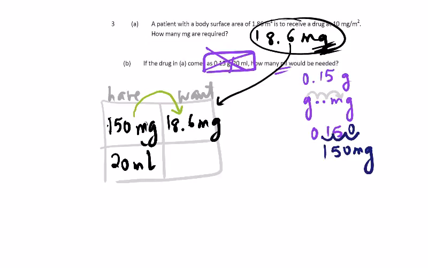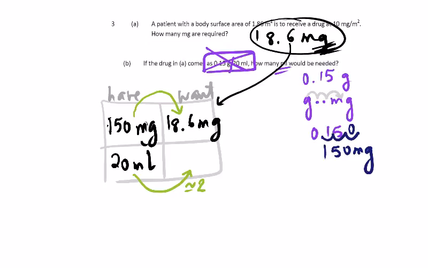So 150, if it went down to 15, that would be a division by 10. 150 divided by 10 would give us that. So we would need to do the same here. 20 divided by 10, which would give us 2. But we know it's not the answer, but it's an estimate, so a rough estimate, which is really important.